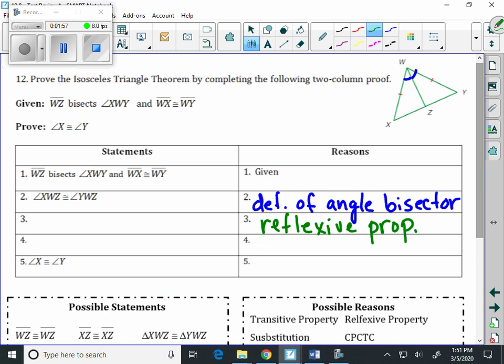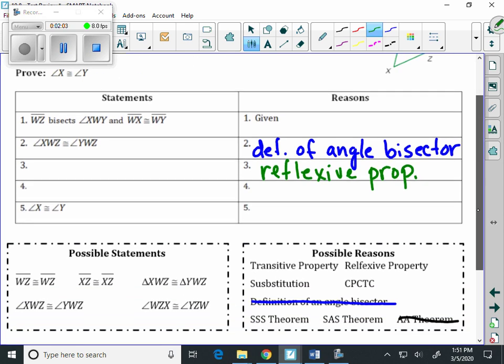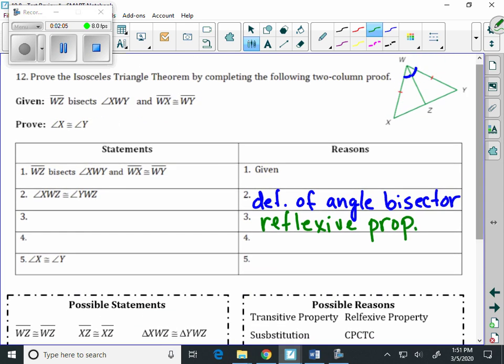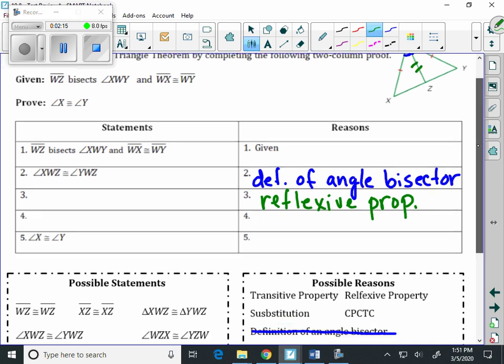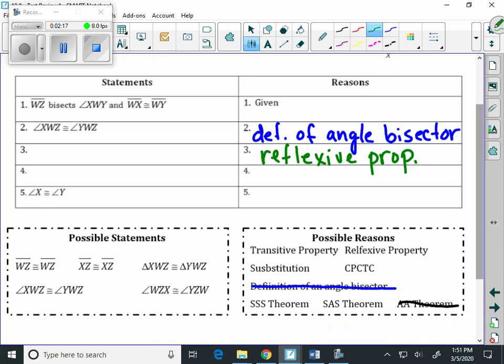If we take a closer look at our statements, the very first statement that's listed says WZ is congruent to WZ. WZ is the shared side. Going to mark it up here and fill it in. WZ is congruent to WZ.